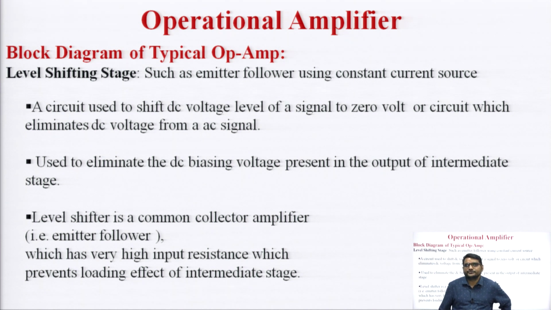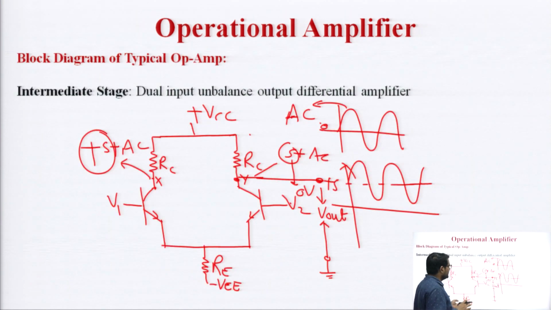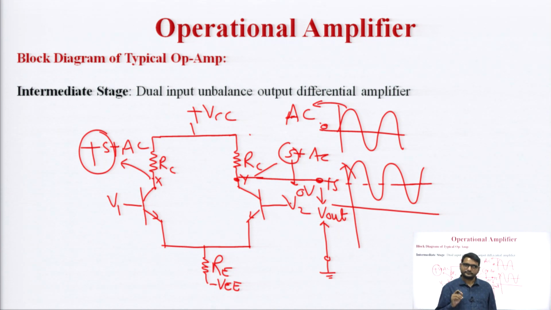It is a circuit used to shift the DC voltage level of a signal to 0 volts, eliminating the DC biasing voltage present in the output of the intermediate stage. In the previous case, the intermediate stage output contained both AC and DC parts, and the level shifting stage will reduce this DC voltage to 0.